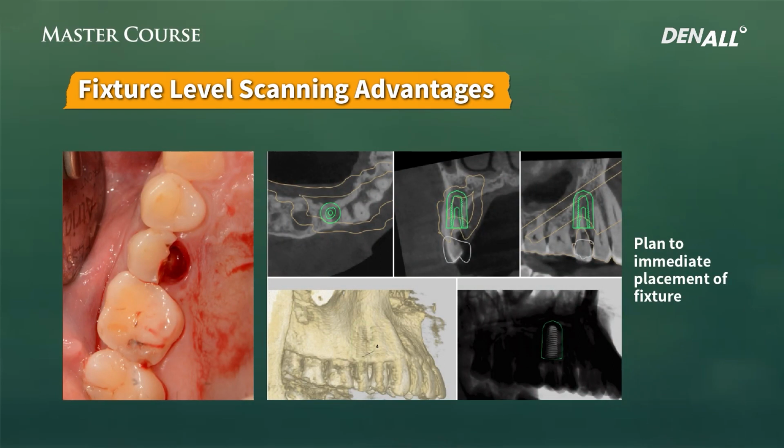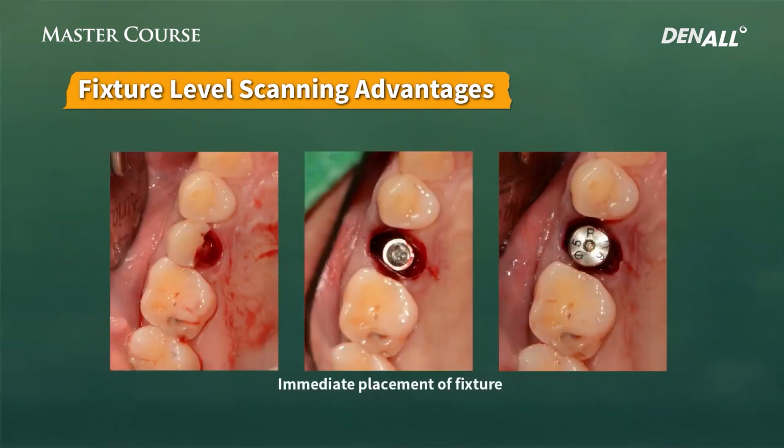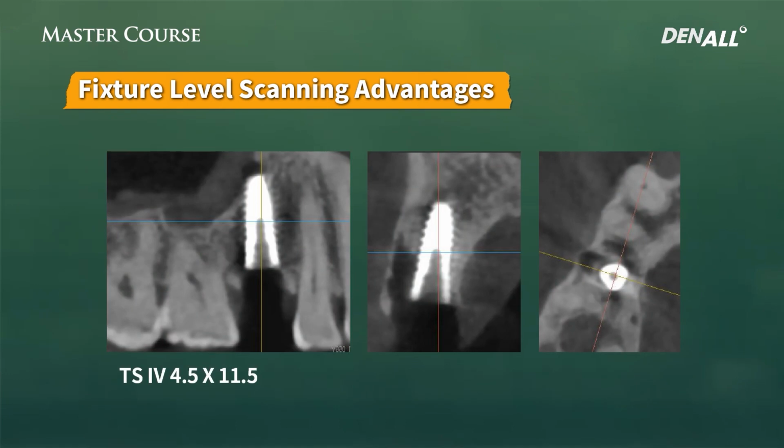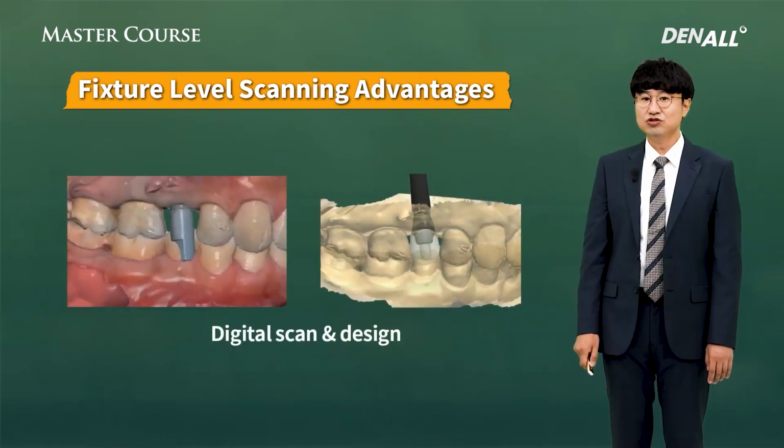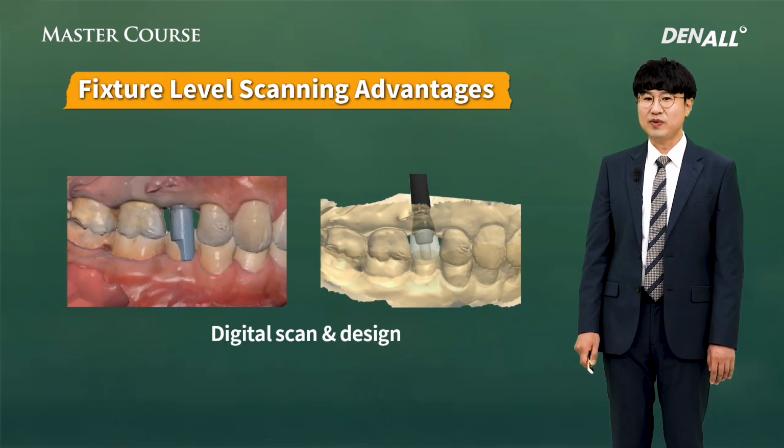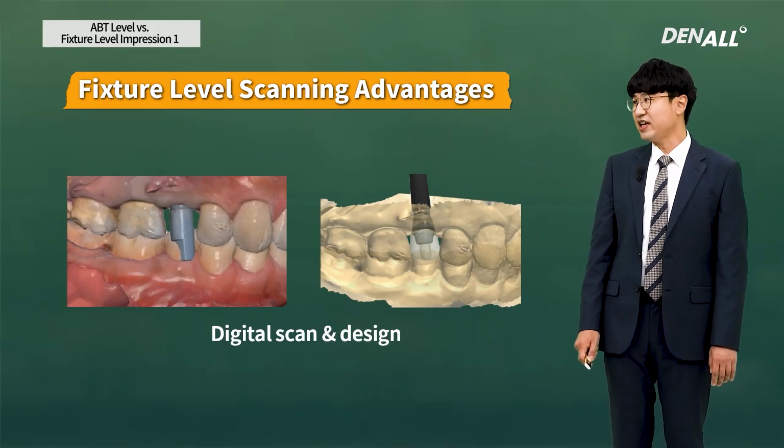Let's look at a case. On the upper second premolar, there was a fracture, so we planned for immediate placement. So this is the immediate placement of the fixture. After that, we took a CT. After 3 months, we digitally scanned, and the abutment and crown were designed simultaneously.